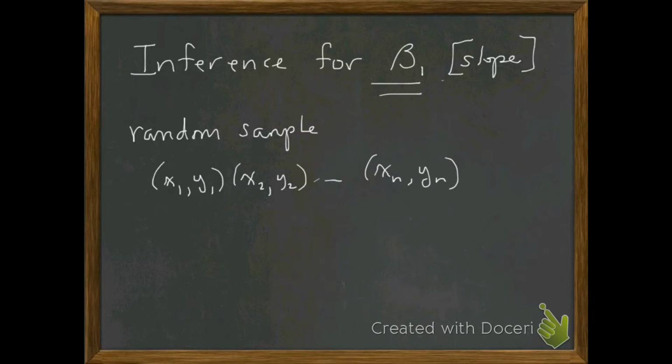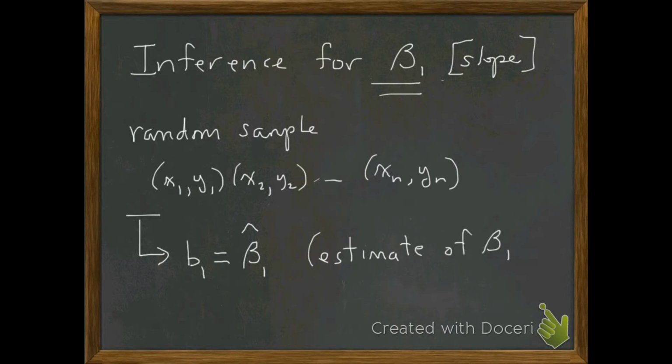We use our sample to create B1, which we sometimes look at as beta 1 hat, which is, of course, our estimate of beta 1. And we've looked at a variety of techniques there. The techniques so far we have been using are least squares.